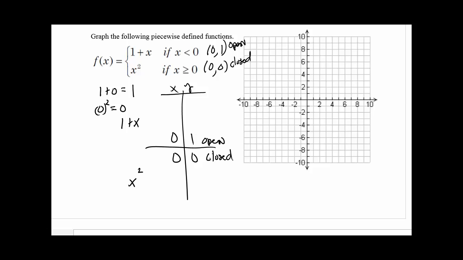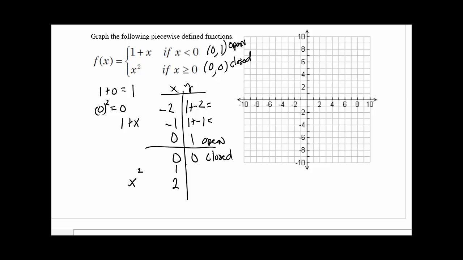So now I'm going to pick some numbers around it. Before 0, I'll use -1 and -2. And after 0, I'll use 1 and 2. Then I'm just going to evaluate each of these numbers in my functions and figure out what the y values are. So that's 1 plus -2, 1 plus -1.